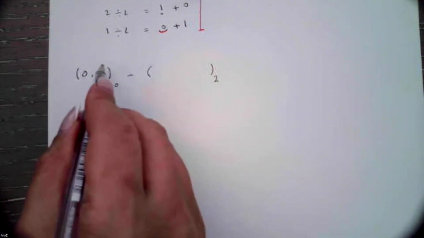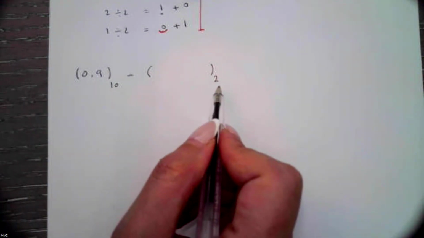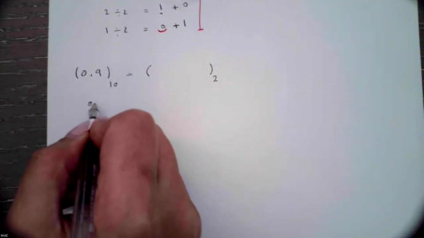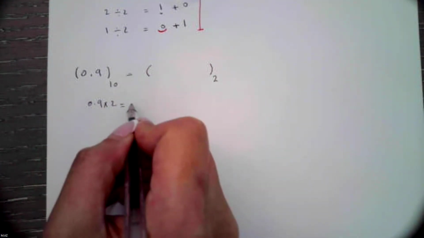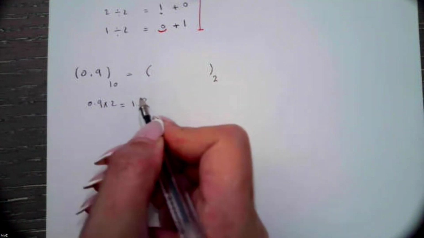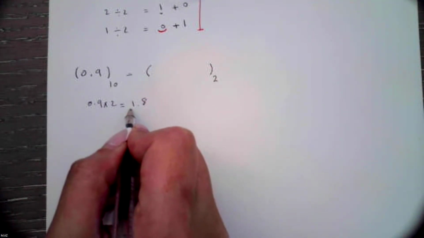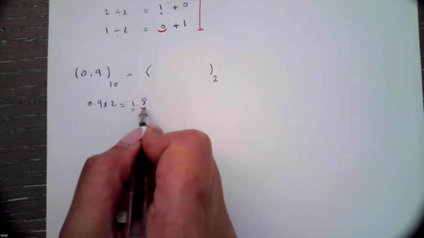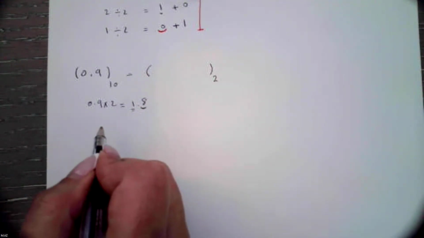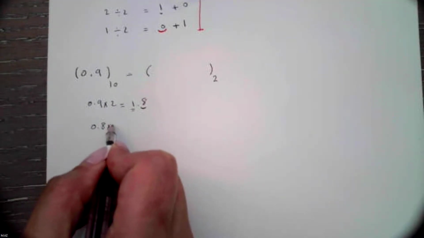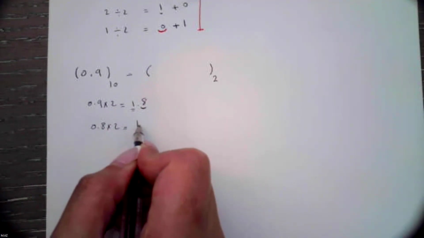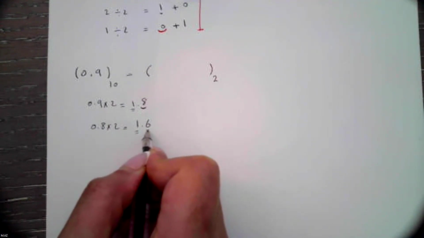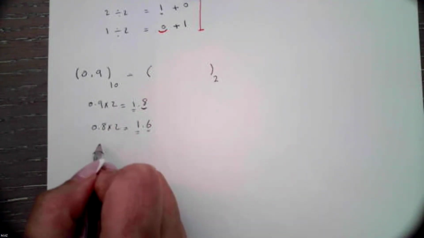For converting the fraction part to binary, we multiply this number by 2, which is 1.8. We keep the integer part and work with the fraction part. 0.8 times 2 is 1.6. Again, we keep the integer part and just work with the fraction part.